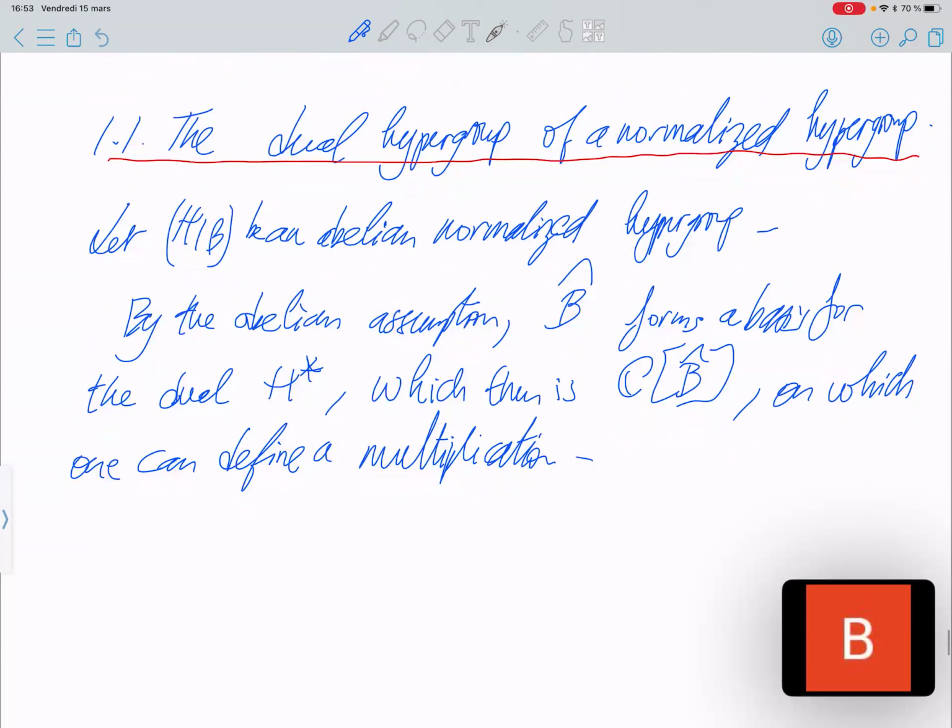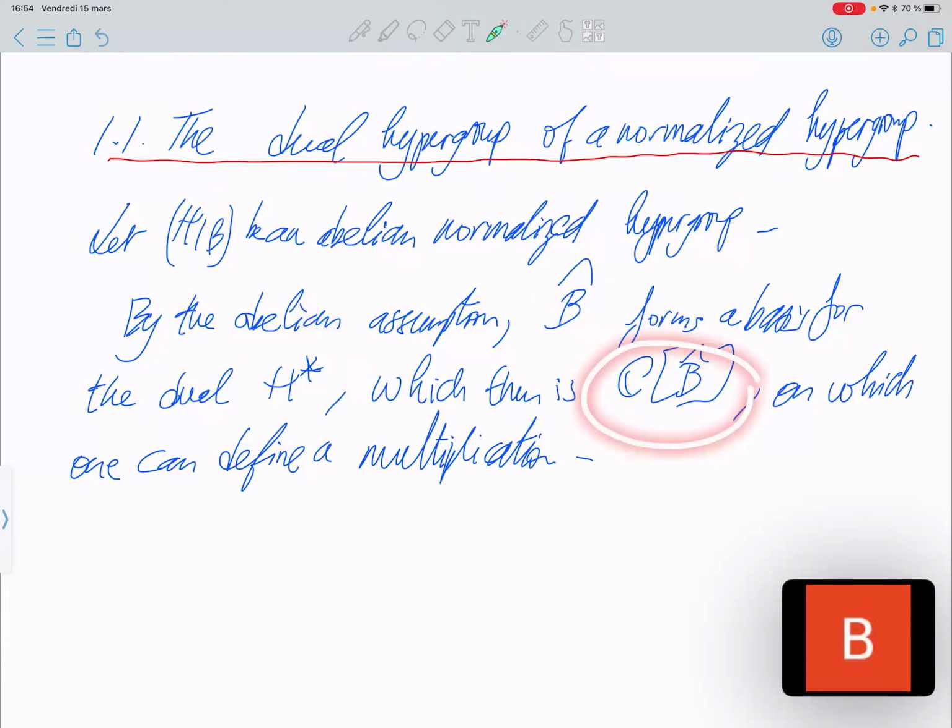So you consider an abelian normalized hypergroup, you consider the set of characters. Because this is abelian, this set of characters is a basis for the dual of the algebra H, which then can be written like that. And we will define the multiplication here. Here, I guess, this dual is defined as a vector space.